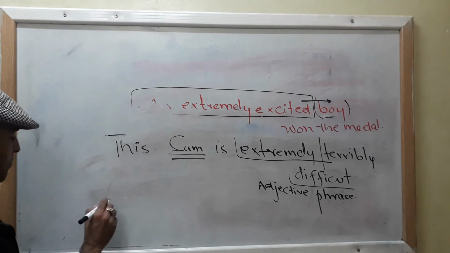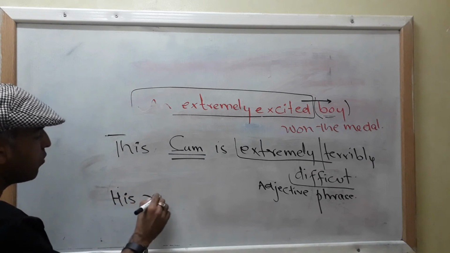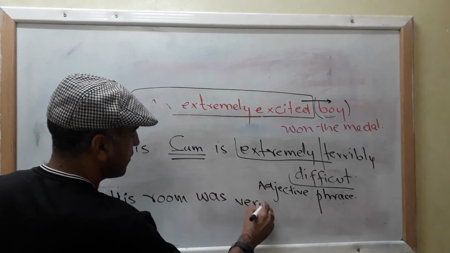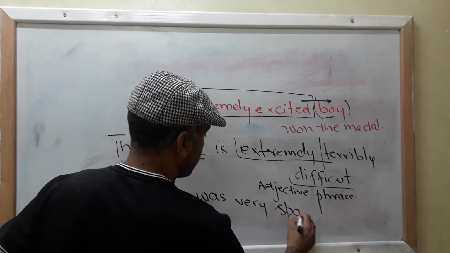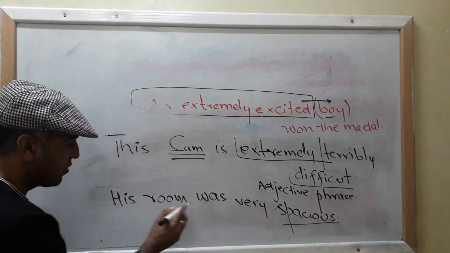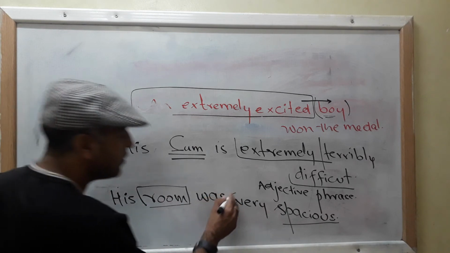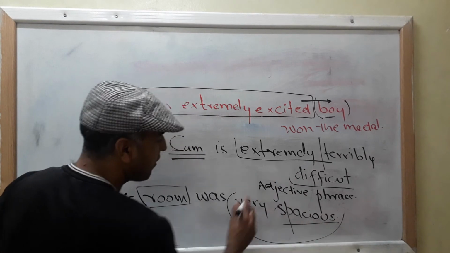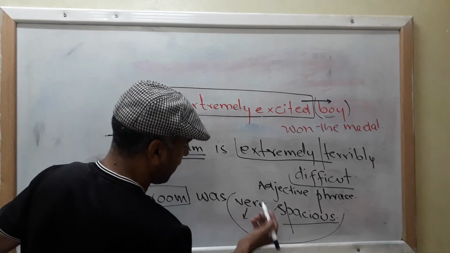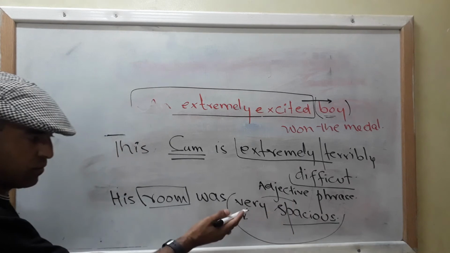Let me cite another example. His room was very spacious. Now, spacious is your adjective because it tells you something about your noun, that's room. When I write "very spacious," very is an adverb, because it adds to the meaning of the adjective.